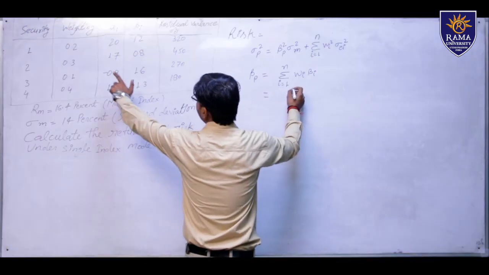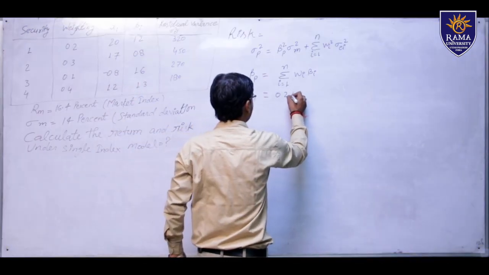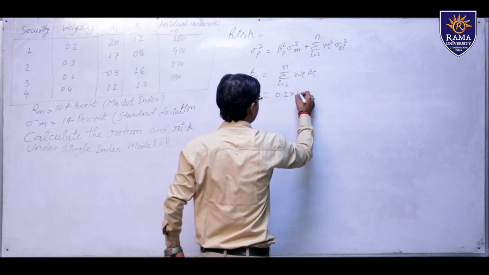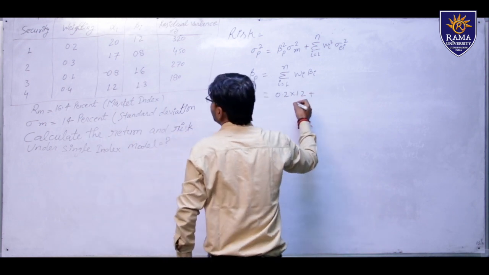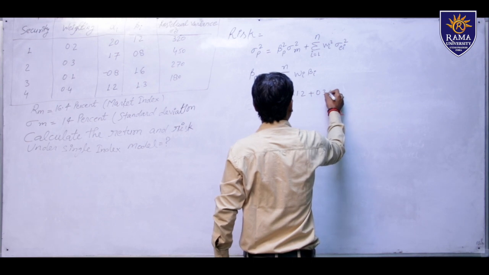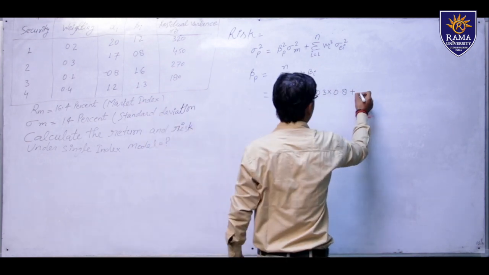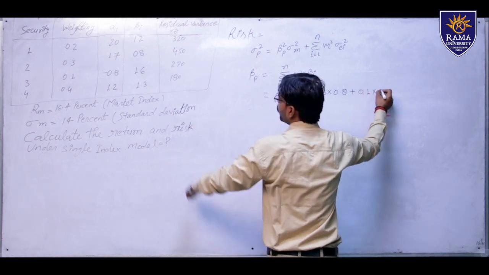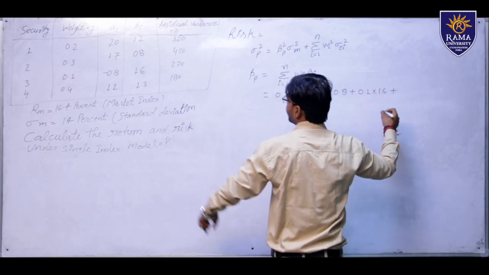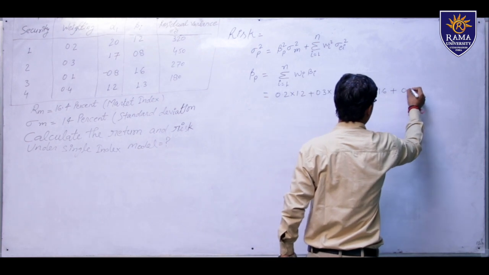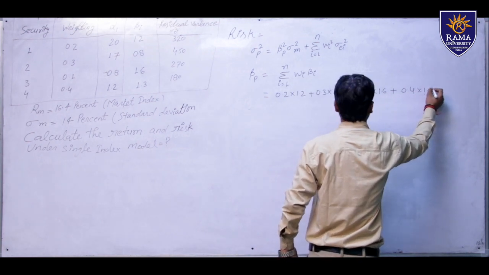We use weighting 0.2 into beta 1.2, plus 0.3 into 0.8, plus 0.1 into 1.6, plus 0.4 into 1.3.